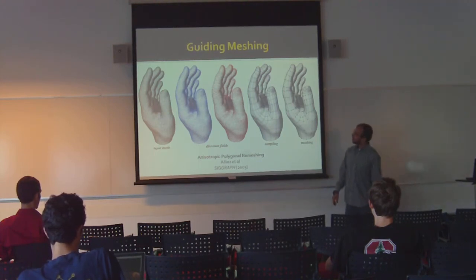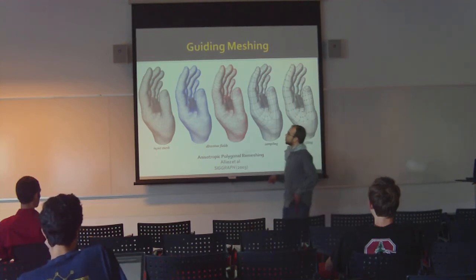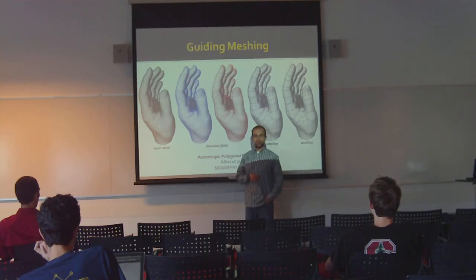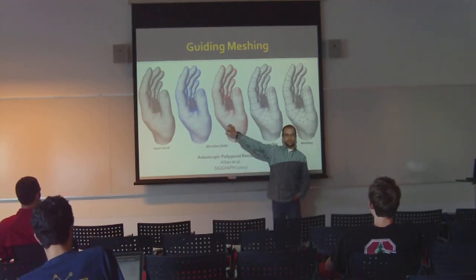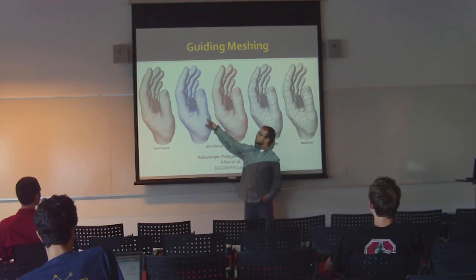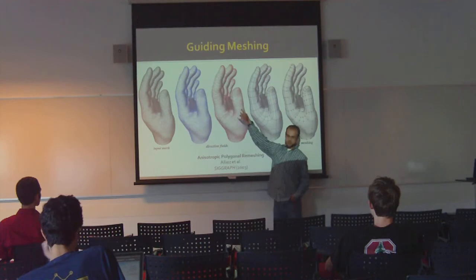But anyway, that aside, if I'm trying to decide nice directions to align the geometry, these quads and these triangles and so on, one popular choice for how you might guide this type of meshing would be the first thing you do is compute these principal direction fields. Right? Here's the minimum curvature direction. You can see it kind of points up the thumbs, and then here's the maximum curvature direction, right?